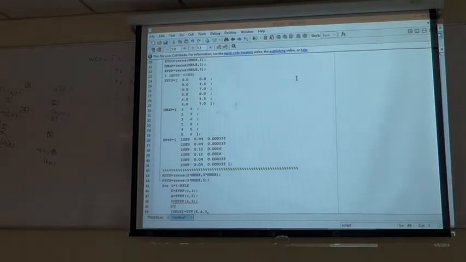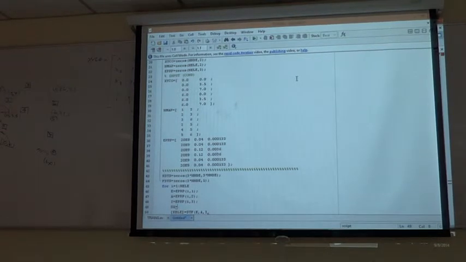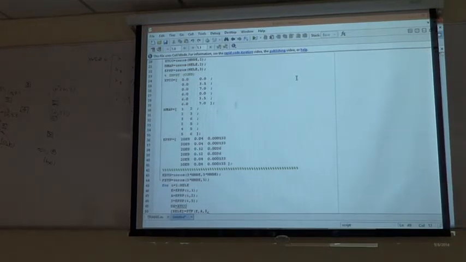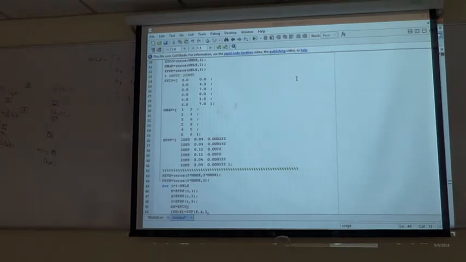SX equals what? The x coordinate of the starting node. How do we take the starting node? It comes from nmap. We have made nmap. So for the starting node, we need the xy coordinate. Which row?